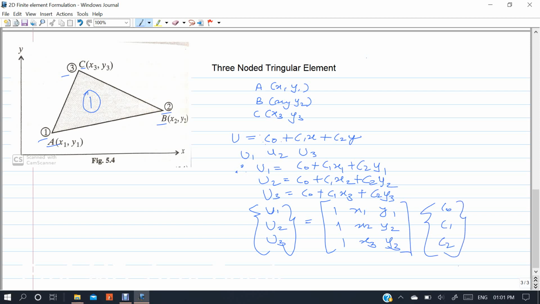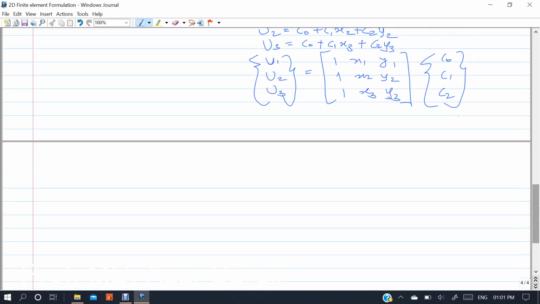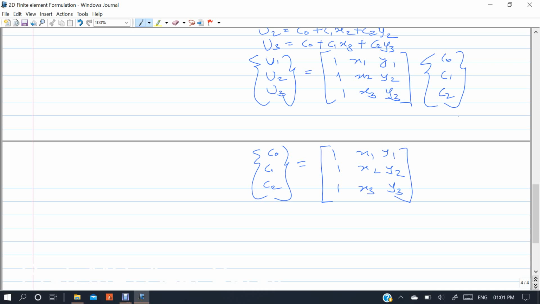This way we convert it into matrix form. Then c0, c1 and c2 equal to the inverse of the matrix 1 x1 y1, 1 x2 y2, 1 x3 y3, times u1, u2 and u3.